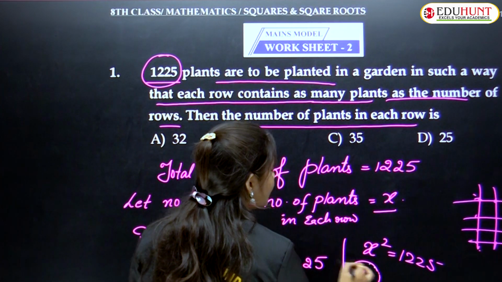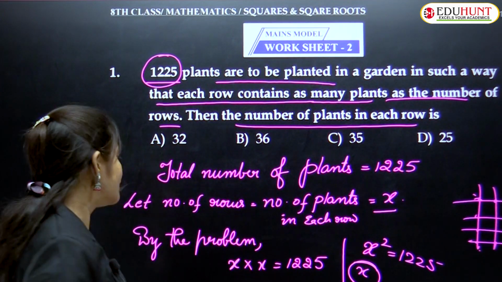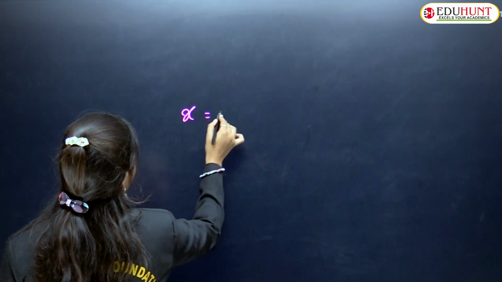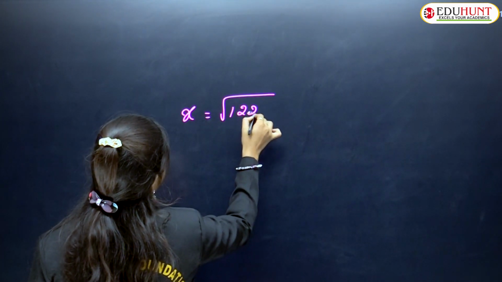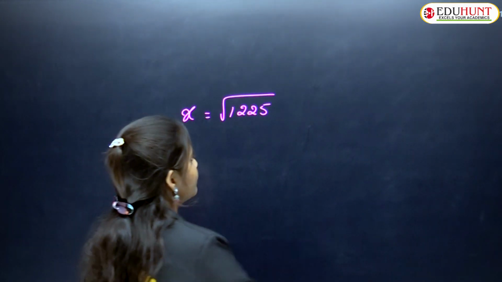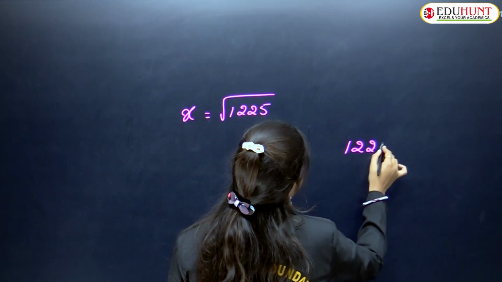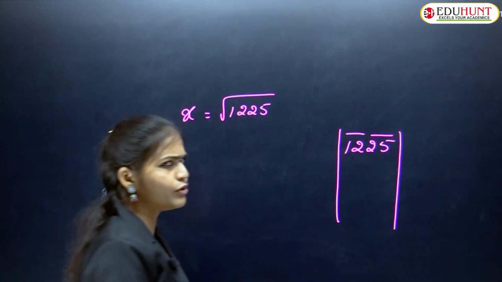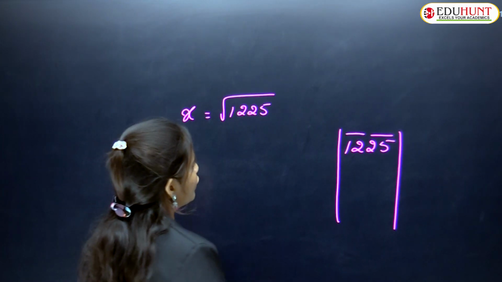Now we need to find that x value, no? So from this, x is equal to the square root of 1225. So we need to find the square root of 1225. If you know that, then directly you can write it; or else if you don't know, then you have to follow the method.